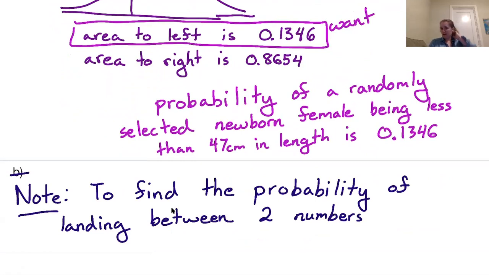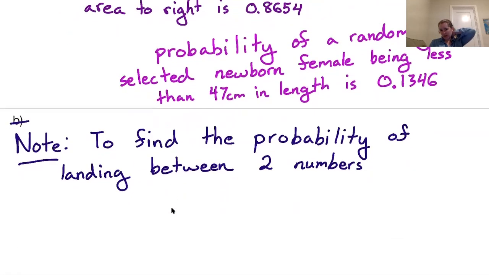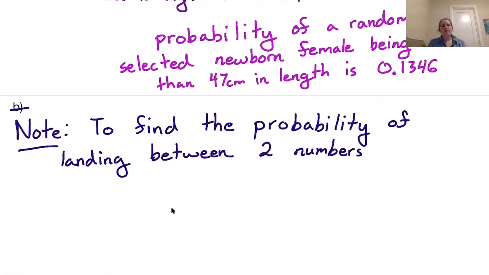There is actually a calculator for doing this in Canvas, I believe, but it is not linked at the end. We can use the same normal distribution calculator we just used.